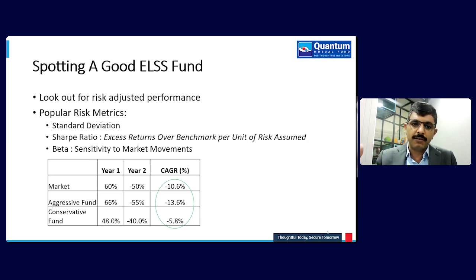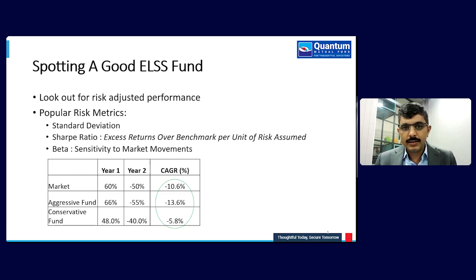Some of the popular risk metrics which could be used to gauge the risk management practices of a fund are, first, the standard deviation, which indicates the kind of volatility a fund would go through.